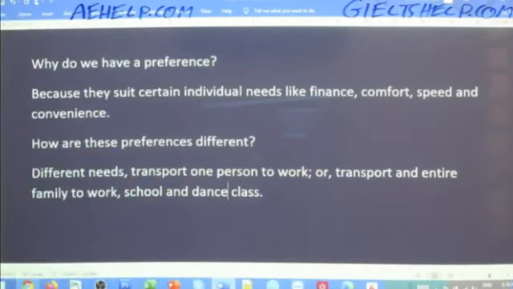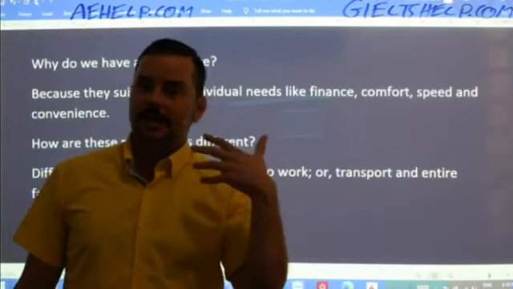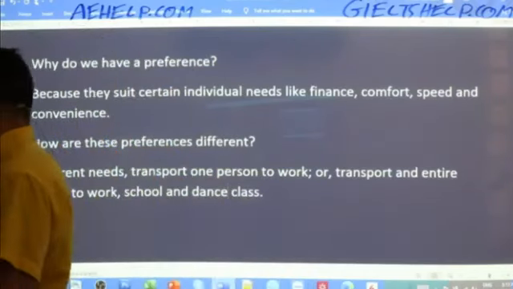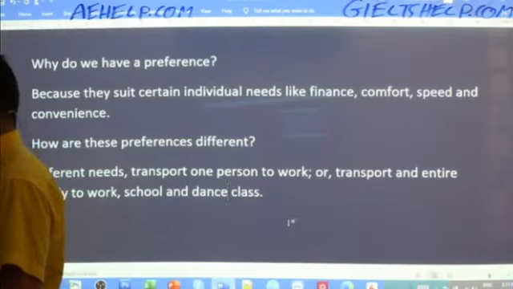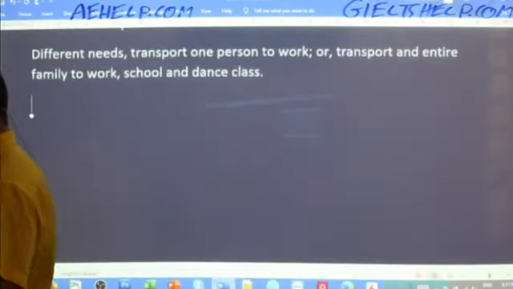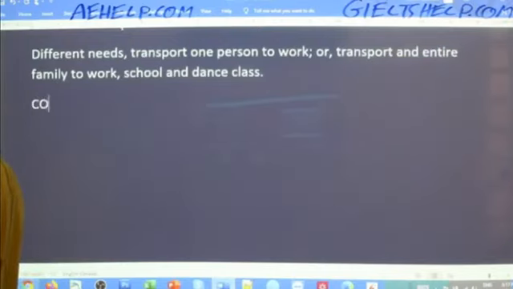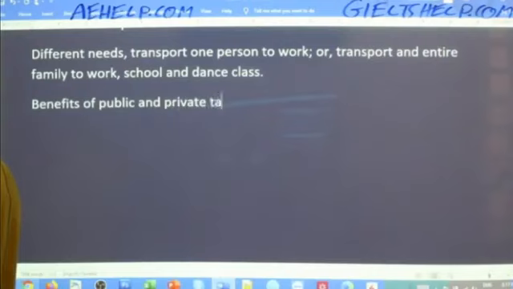All right, so that's our questions for the topic, meaning people's preferences. Now, what you want to do after is go through the second set, the controlling idea. So public and private transportation.